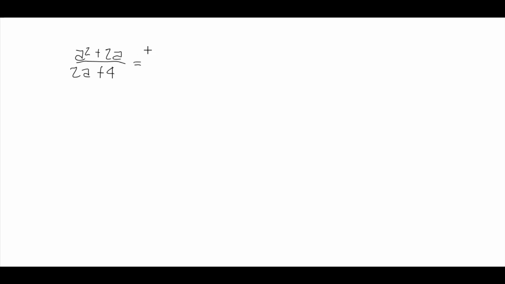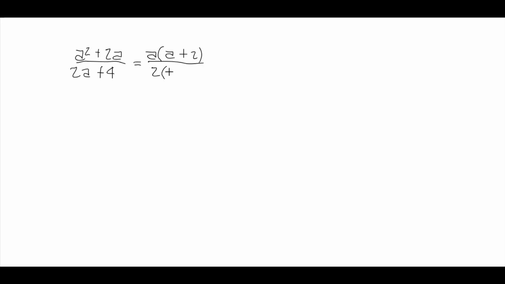To factor the numerator, we need to get the GCF here, which is a. So a squared divided by a will get a, plus 2a divided by a will get 2. And for our denominator, we have 2 as our GCF.